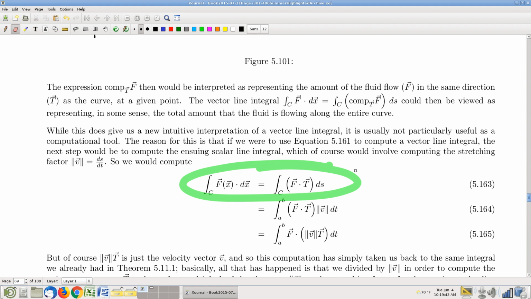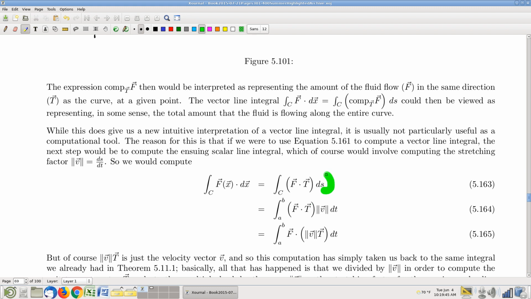If you were to compute this, what is your ds? Well, ds is |v| dt, speed times dt, magnitude of velocity times dt. And then, wait a second, what is this T? This T is velocity divided by magnitude of velocity.